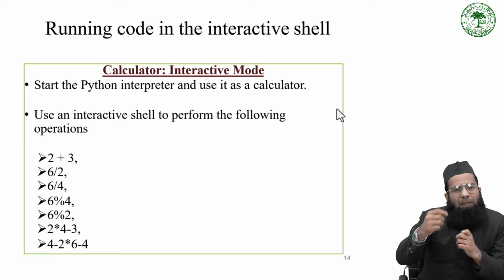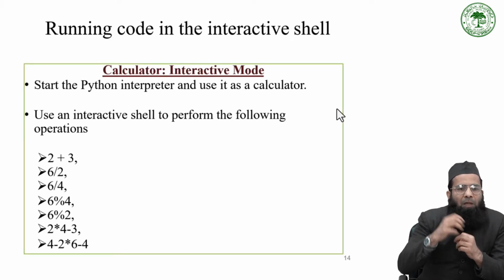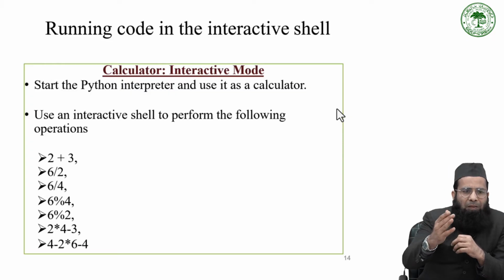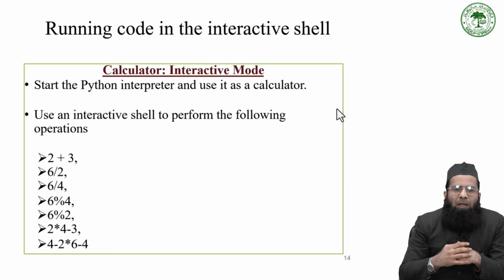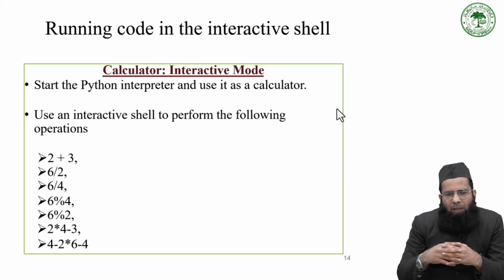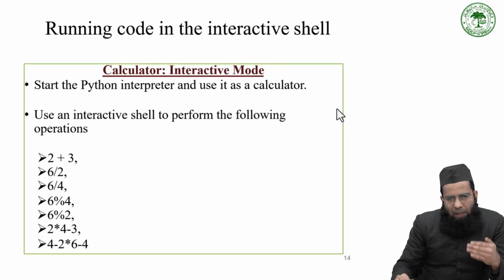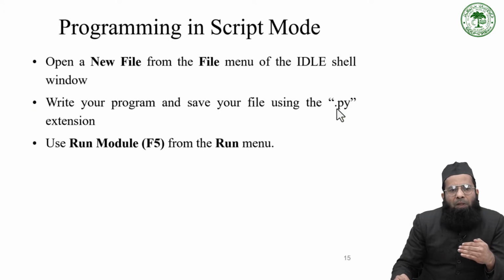You can use it like a calculator, like 2 plus 3, 6 divided by 2, 6 divided by 4 and so on, using the Python shell. I will try to show you how you can interact with the shell.